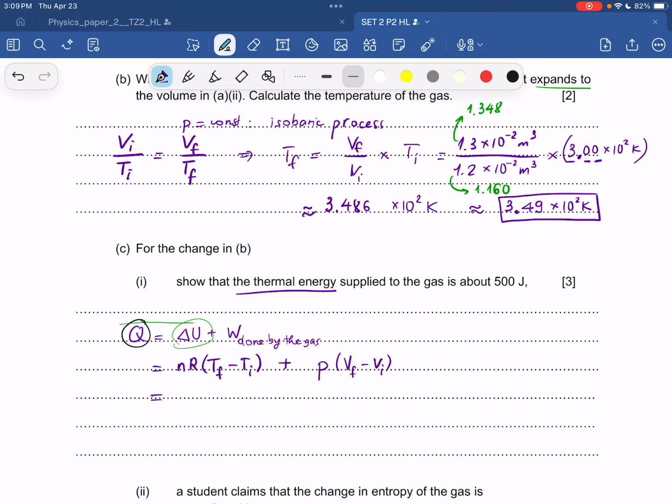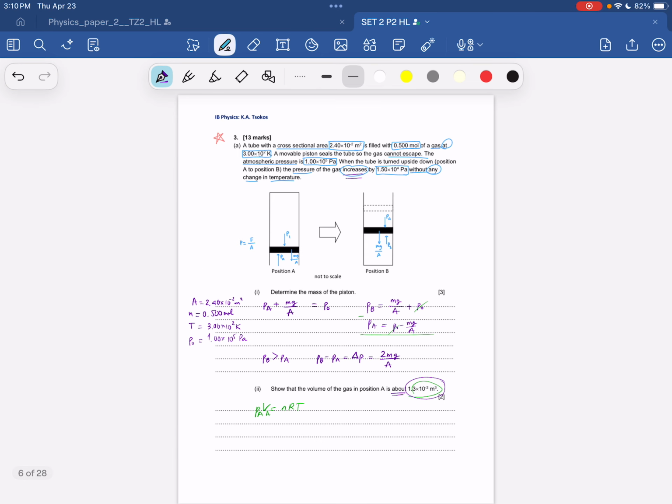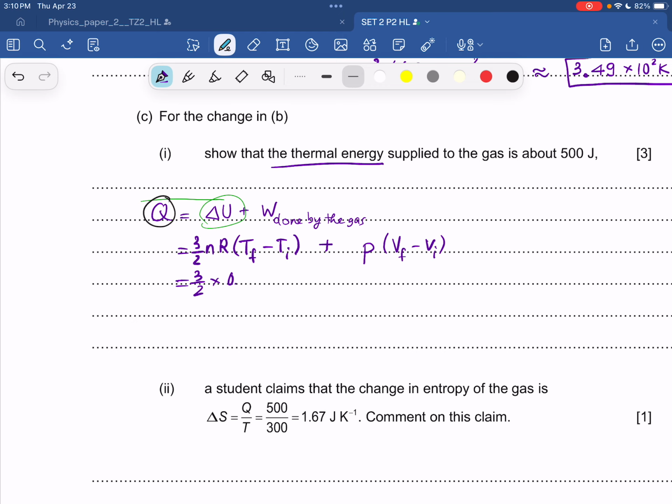You can find it to be the change in this one. Oh, I'm missing the coefficient, 3/2 as well, sorry. And then this one will be 3/2 times n. What is that value? 0.5 mole, times the constant R, which is 8.31, with units of joule mole to the -1 Kelvin to the -1, to cancel out with the temperature.